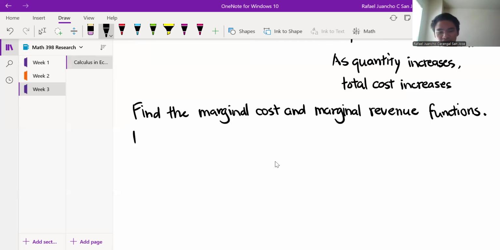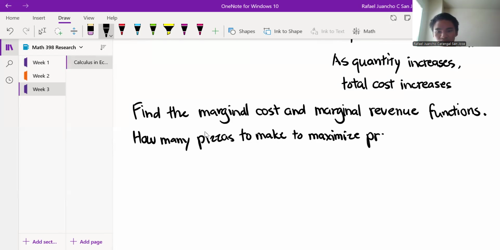Our next task, I'm just dividing the problem into pieces: how many pizzas should you make to maximize profit, right? And another question we have is, what is the price at which pizzas are sold?